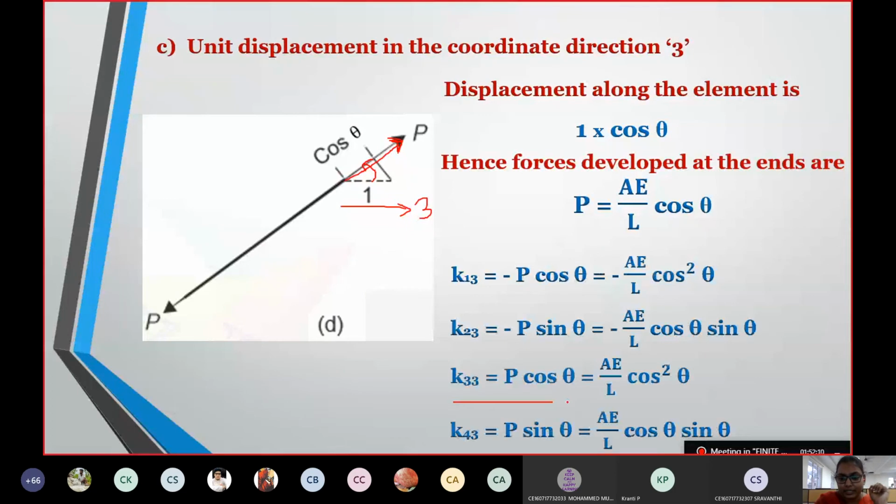You can see K33 will be positive. When it is 4, it is also outward. When I superimpose with respect to the inclination, it is also going in the desired direction of application of unit force, unit displacement. That is why K43 will also be positive.